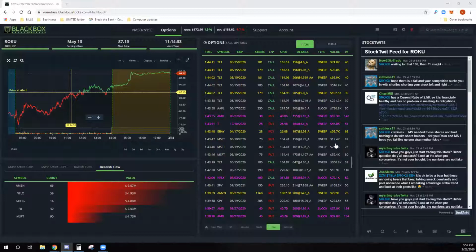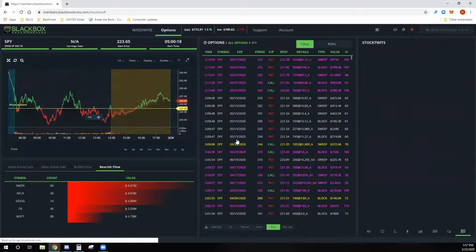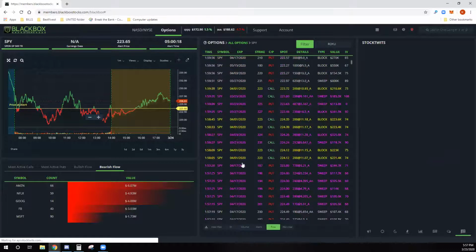So how do I figure out if it's a hedge? Here, I'll show you what I think a hedge is. This contract right here. You see this SPY? You see some of the contracts are short, like 323, 325.